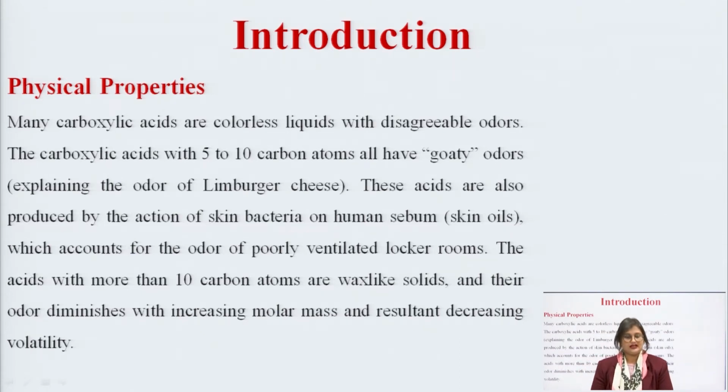The carboxylic acids with 5 to 10 carbon atoms all have a goat-like odor. These acids are also produced by the action of skin bacteria on human sebum or skin oils, which produces this goat-like odor and accounts for the odor of poorly ventilated locker rooms.